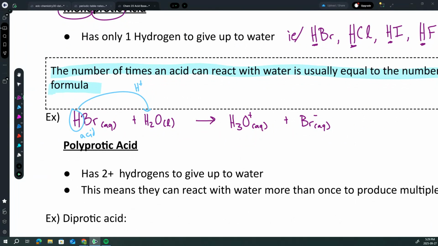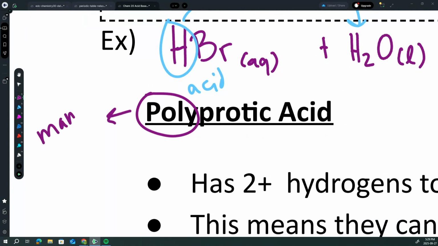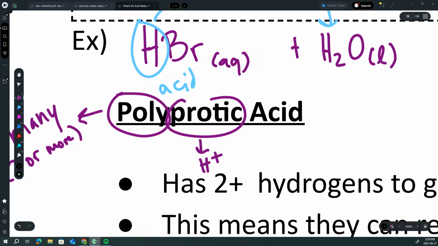With polyprotic acids, the word poly just means many. So this means two or more hydrogens that it can give up. Protic just means our proton, our H plus ion.